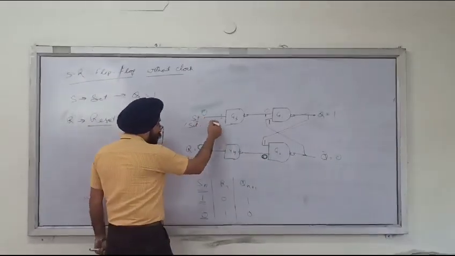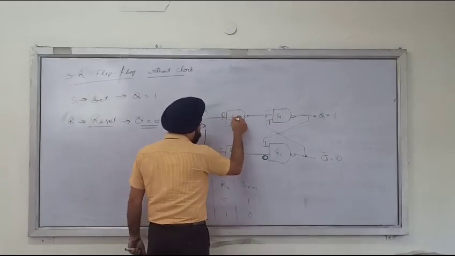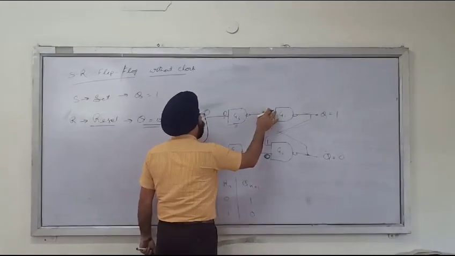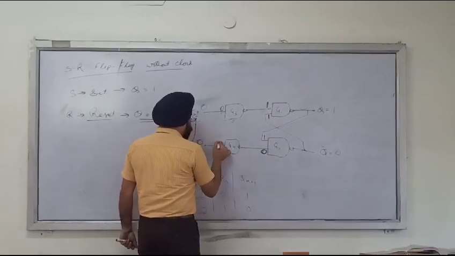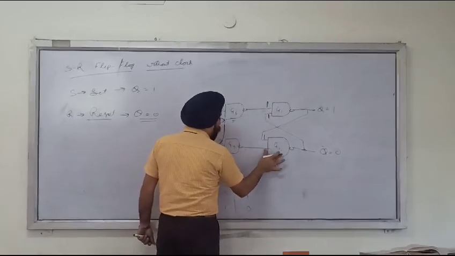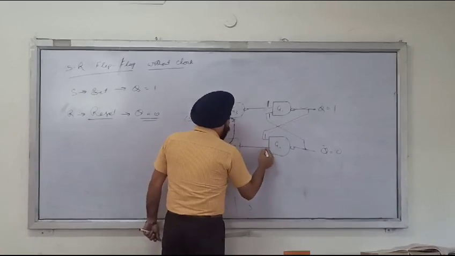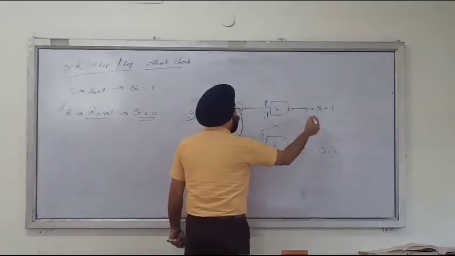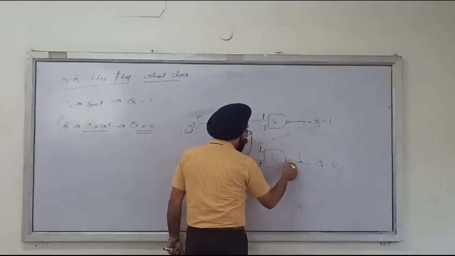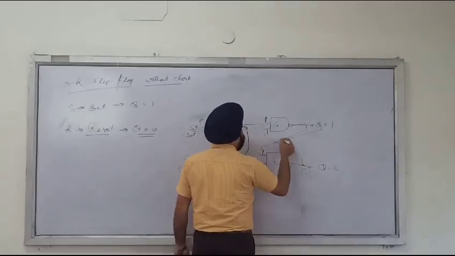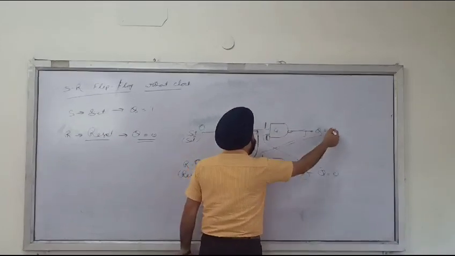Now when S is equal to 0, again this one is an input, it acts as an inverter, it converts 0 into a 1, and the same, this one is 0, again it is converted into a 1. Now what will happen? This one is fed back to this side, this is 1 and inverter 0, and this 0 goes to this side, this is 0 and 1.